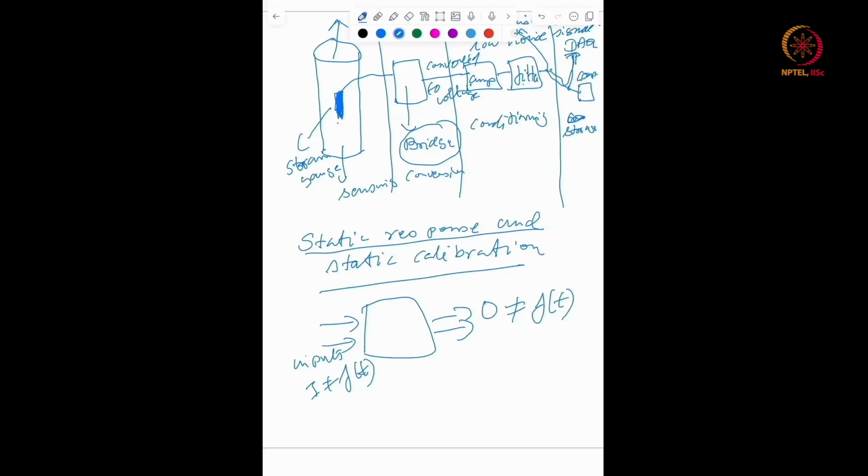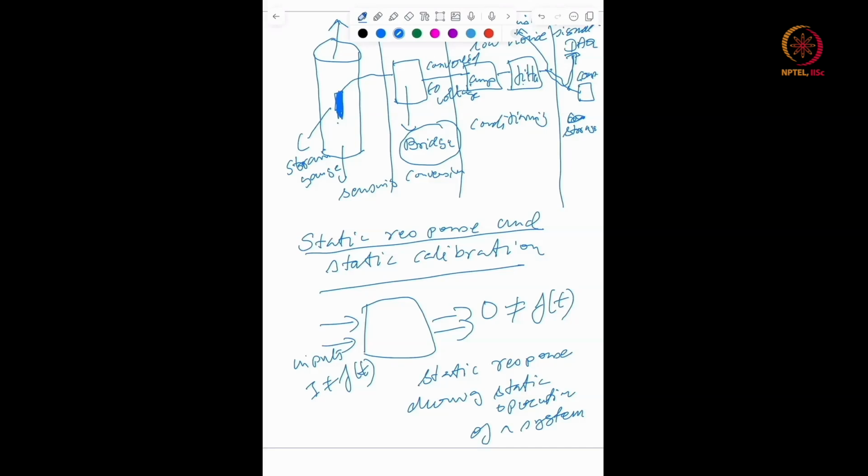The relationship that provides a value of the input as a function of the system output during this static operation is called the static response of the system. So static response: response during static operation of a system. Static calibration is preferably performed separately for each desired input.